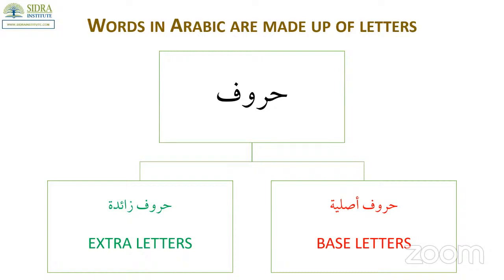Huruf asliyyatun, base letters, which you could say form the skeleton and the backbone of the word. And huruf za'idatun, extra letters, which are not the essential letters of the word. So just keep this point in mind as we're going forward.